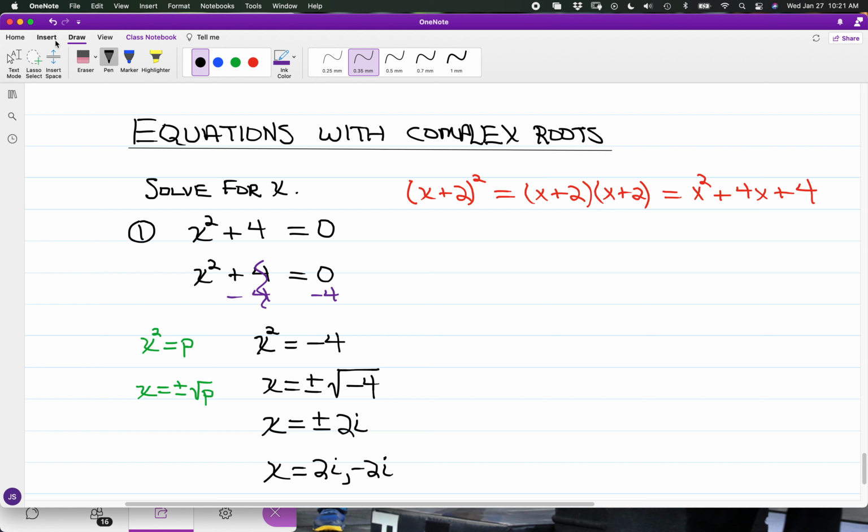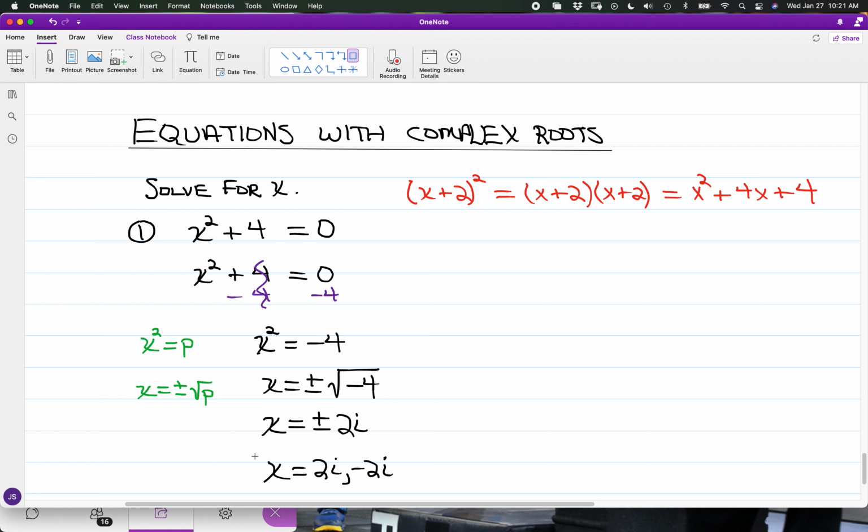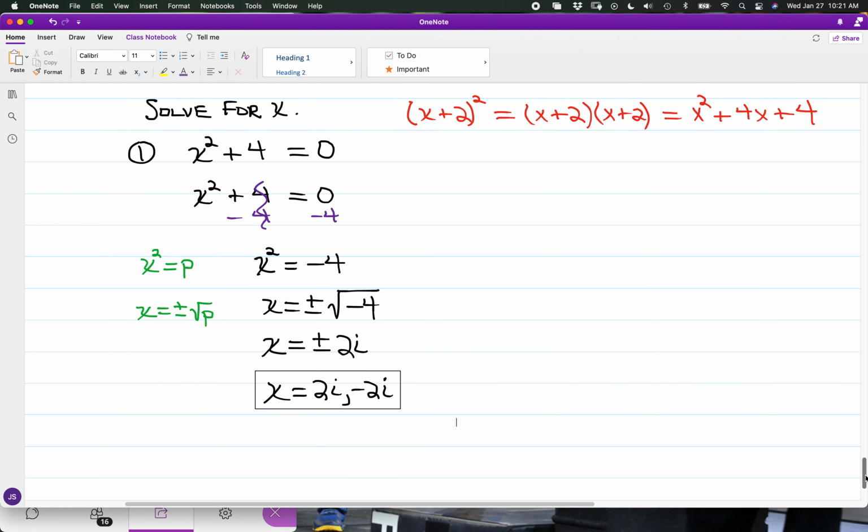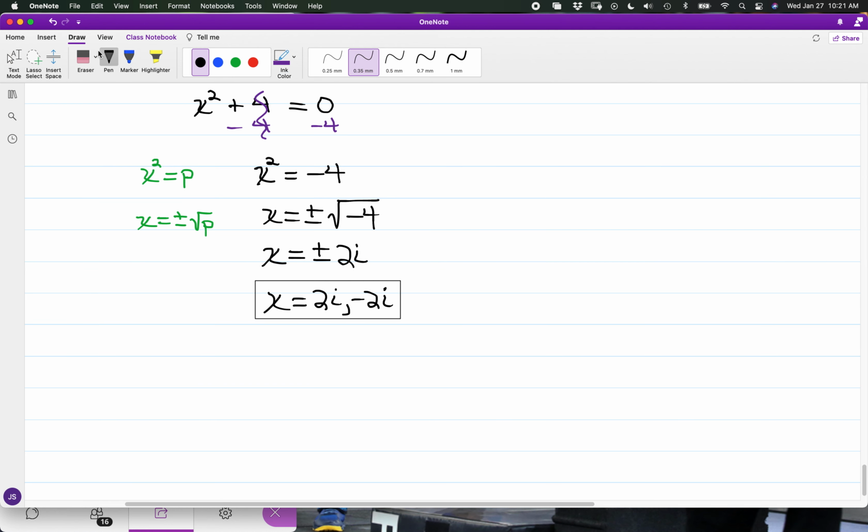So we have both roots in the complex number system. And let's say we have another case here, if I have the quantity x plus 1 squared plus 36 is equal to 1.